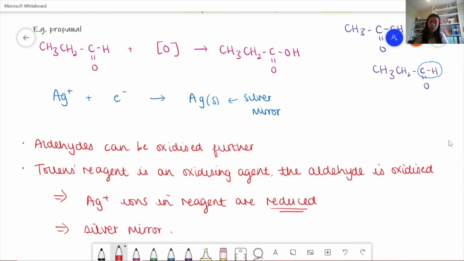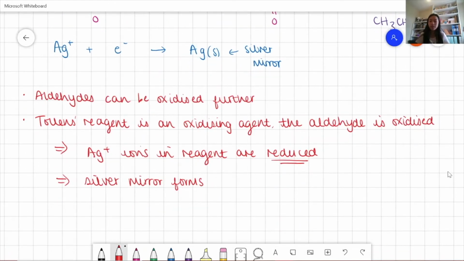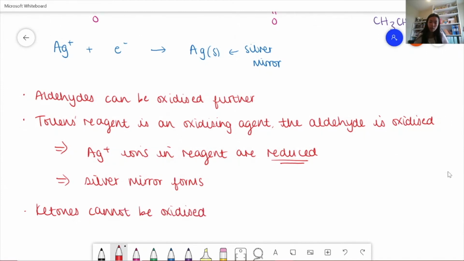Whereas when we look at ketones, they can't be oxidized any further.